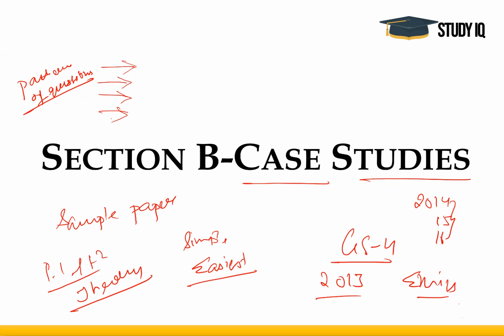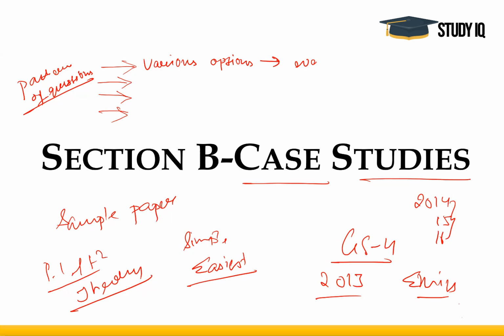The first and most asked kind of case study, with generally 2 or 3 questions on this pattern asked every year, is that various options are given to the student.